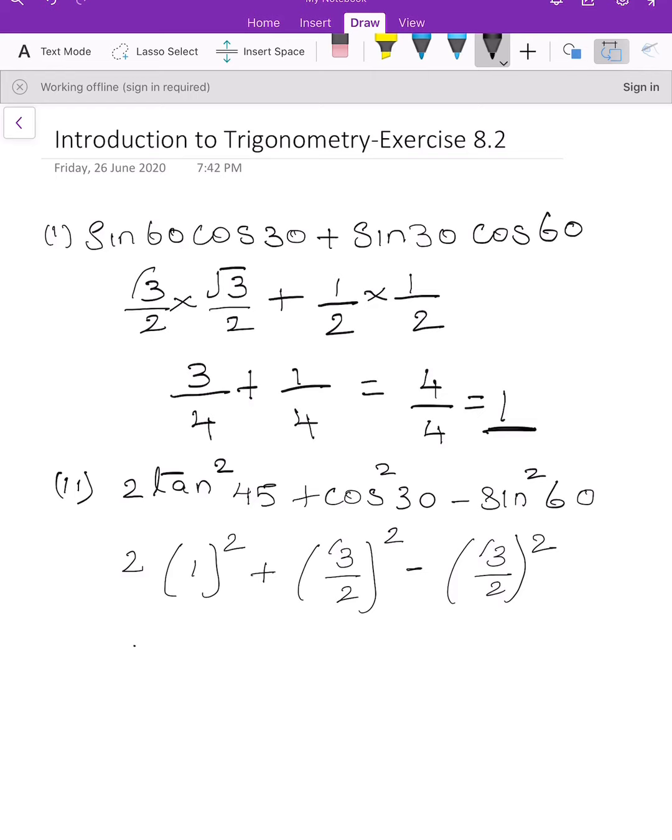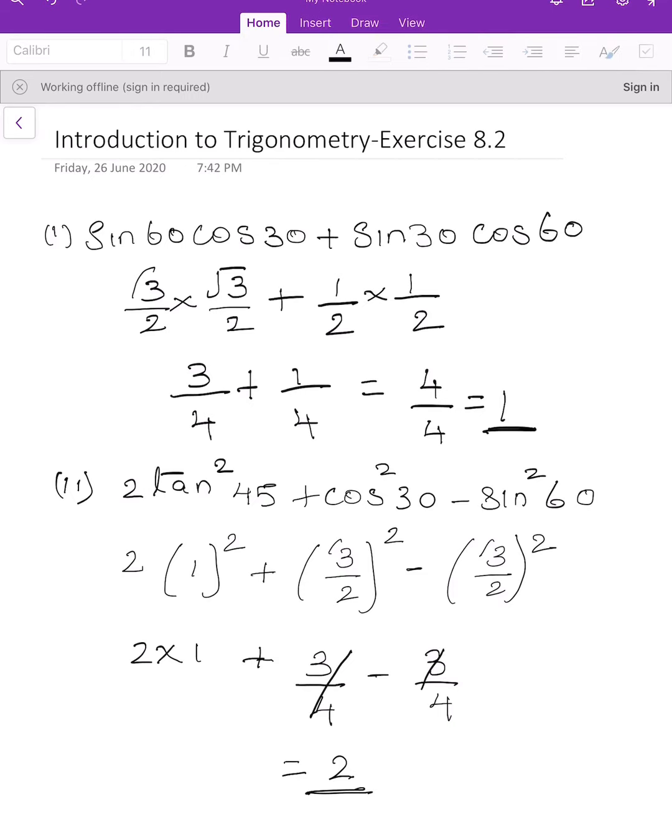So first I am removing the square: 1 square is 1, plus root 3 square is root 3 into root 3, which is 3, and 2 2s are 4, so plus 3 by 4, minus 3 by 4. The 3 by 4 terms cancel, and my answer is 2 1s are 2.